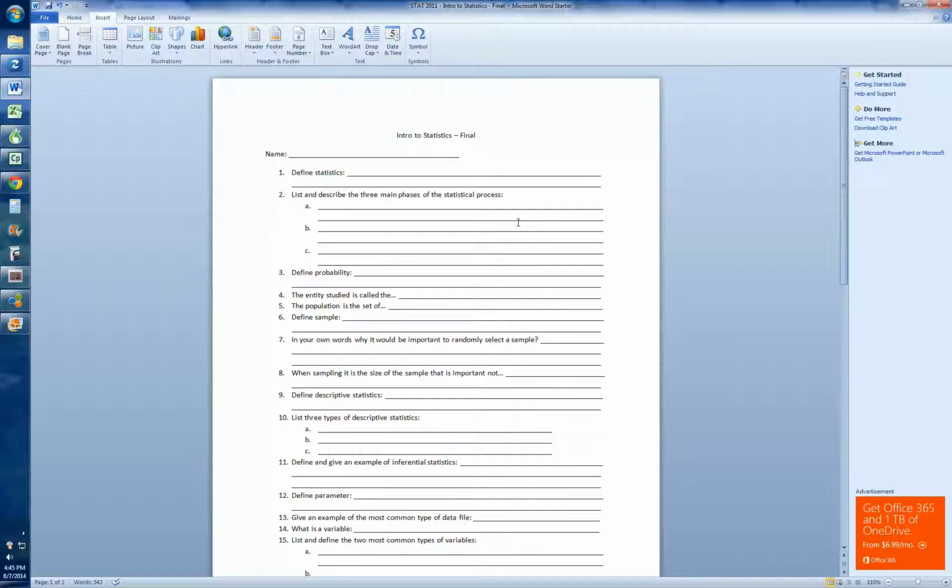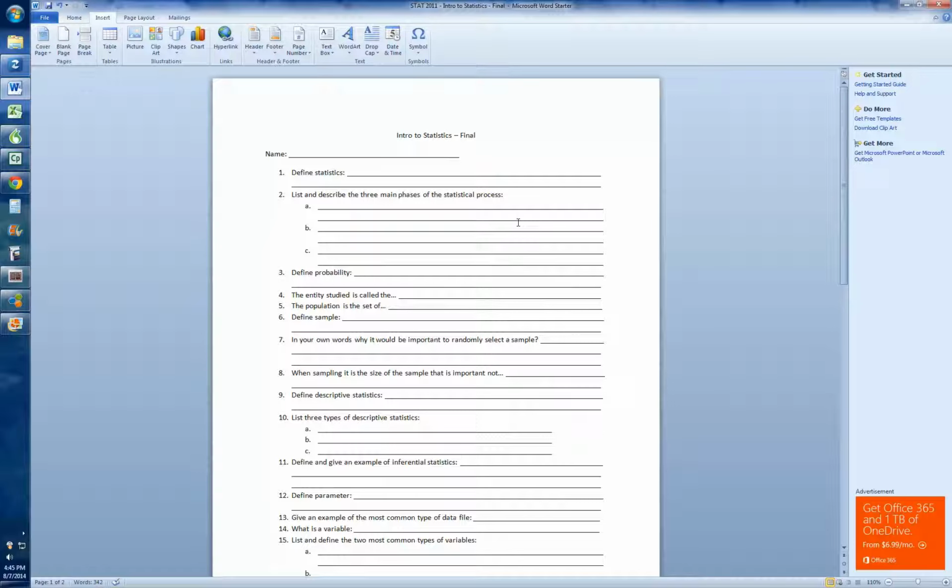Number 11, define and give an example of inferential statistics. I'll give you the definition. You're going to come up with the example. So the definition of inferential statistics is a method of making a decision or prediction about a population by only looking at a sample. Right? So you're making a prediction about the data that you're looking at.